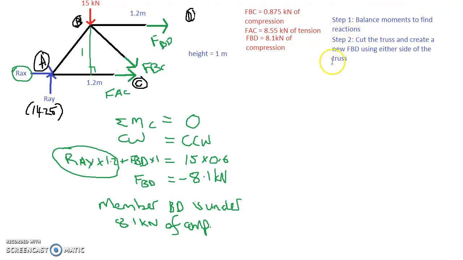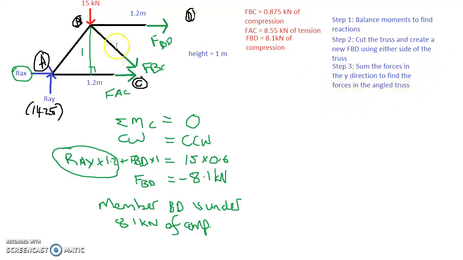Let's fill out these steps again. Let's fill out what we did. What we did was we cut the truss to create new free body diagrams. Step 3. Sum the forces in the y direction to find the forces in the angled truss.